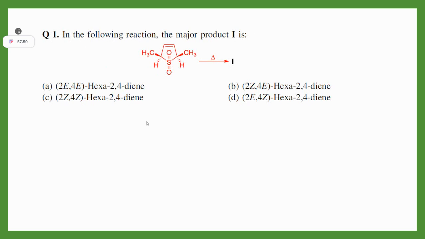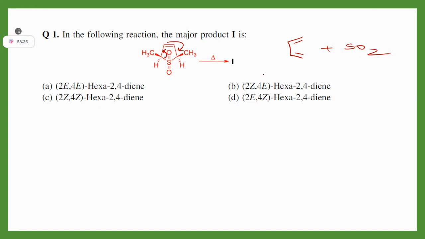On the basis of this theory part, let's solve the first problem based on cheletropic reaction. In the following reaction, the major product is, this is your starting material, and we have to draw its retro 4 plus 2. How? You just have to move this bond, right? So what you will get is a diene and your SO2 molecule.